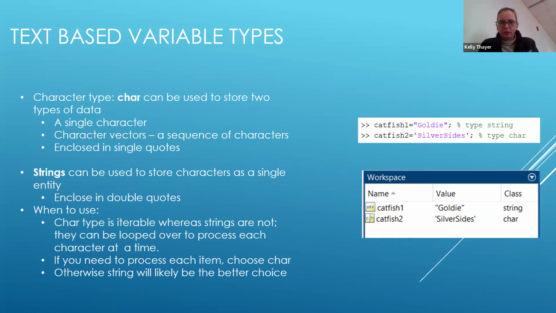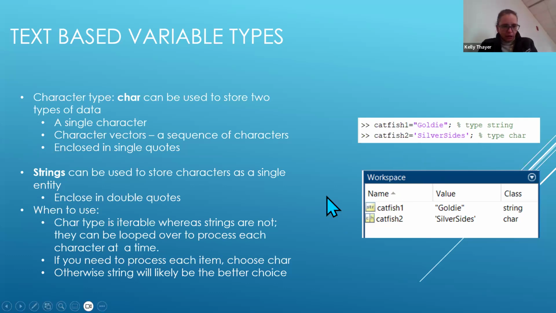There are also text-based variable types. The character type, char, can be used to store two types of data: a single character or character vectors. That's a sequence of characters, and it would be enclosed in single quotes. Okay, so this is type character and this one is going to be type string. Strings can be useful to store characters as a single entity enclosed in double quotes. The character array is iterable, and strings are not.